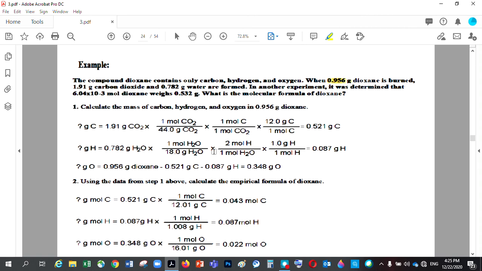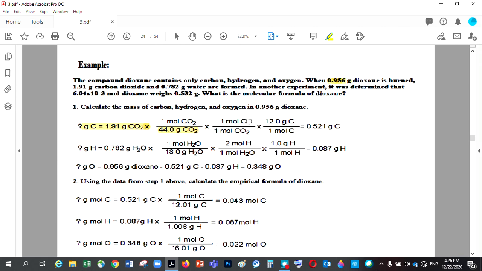So it tells you the amount of carbon, it's 1.9 grams of carbon dioxide. You divide it by the molar mass of carbon dioxide, which is 44.